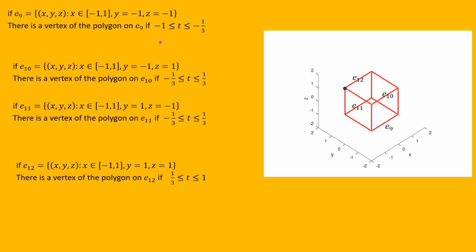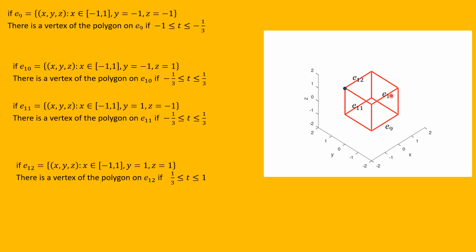And if we do that, what we find is for E sub 9, when we intersect the cube and a plane perpendicular to that line L that we talked about at the point t, t, t on the line L, we will get a vertex of the intersection polygon on this edge E9, if t is between minus 1 and minus a third.